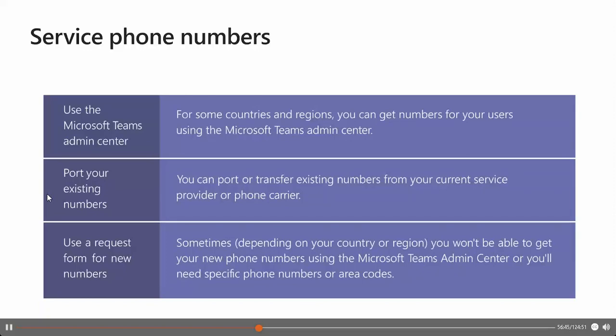The service numbers have a higher concurrent call capacity than user numbers, which will vary by country, region, and the type of number, whether it's a toll or toll-free number. So really take a closer look at the different kinds of phone numbers and the usage of calling plans on the Microsoft website itself. You can also port and transfer existing numbers from your current service provider or phone carrier, and you can use a request form to get new numbers.